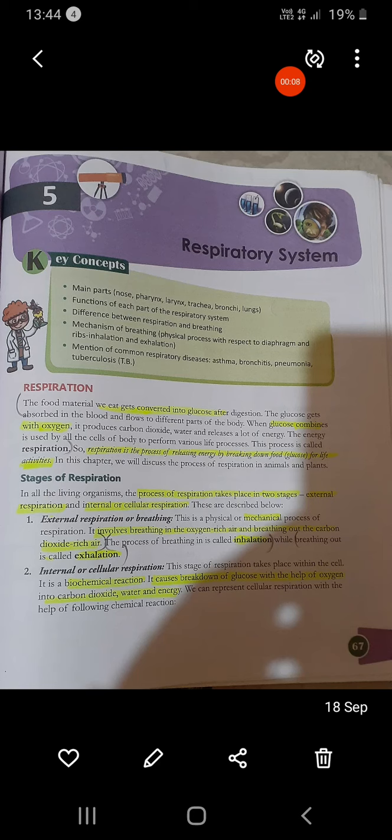Children, I am Surbi teacher and I have already explained the process of respiration and its two stages, that is external stage and internal stage. External respiration happens from outside of our body and internal respiration happens through the internal part of our body and through cells of our body.